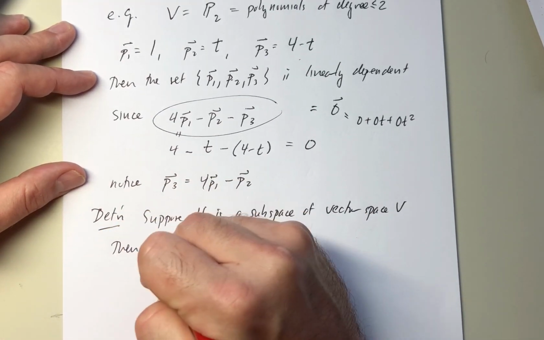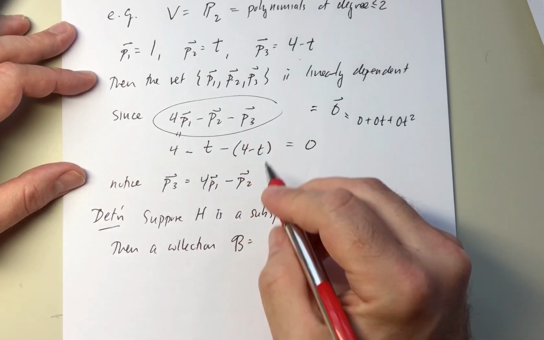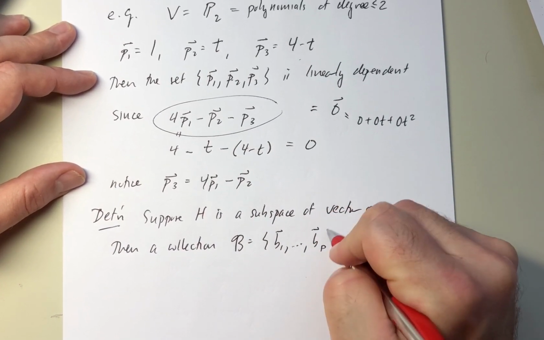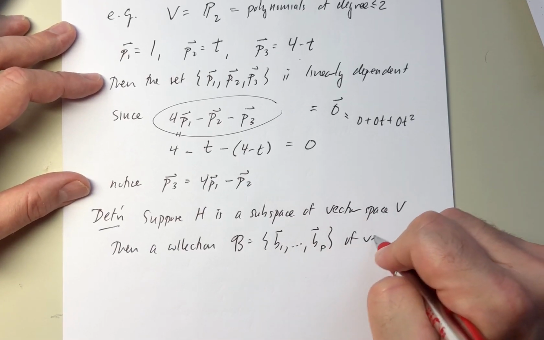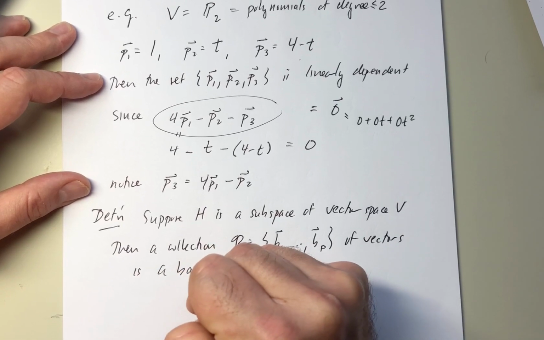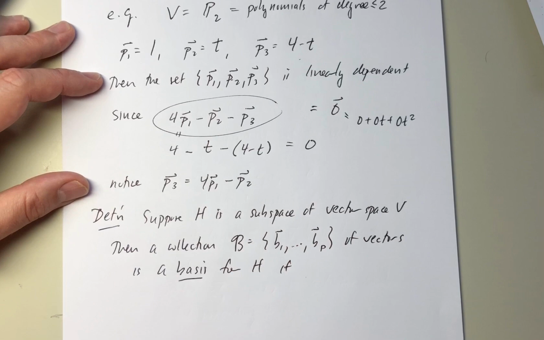Then a collection of vectors, say B, which is B1 through Bp, is a basis for H if two things happen.